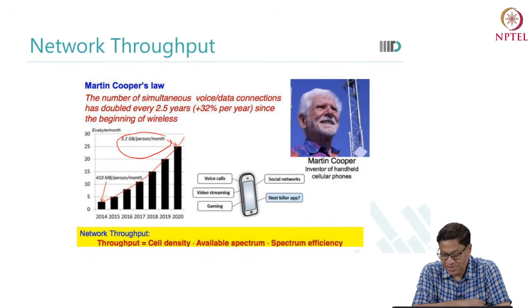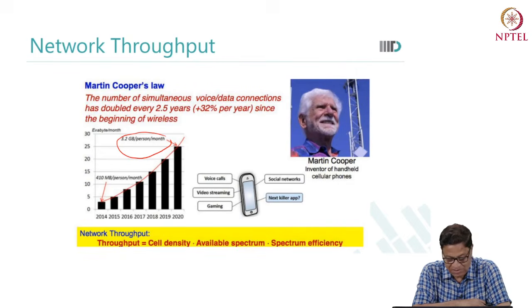Spectrum efficiency, we will understand, this is also sort of not improving with time. So, the spectrum efficiency is defined as bits per second per hertz. How much data you are able to transport over 1 hertz of bandwidth. That is how spectrum efficiency is defined, and there is a limitation to this spectrum efficiency.